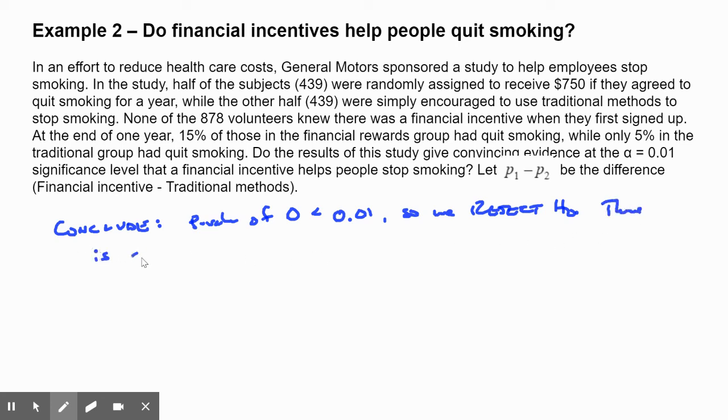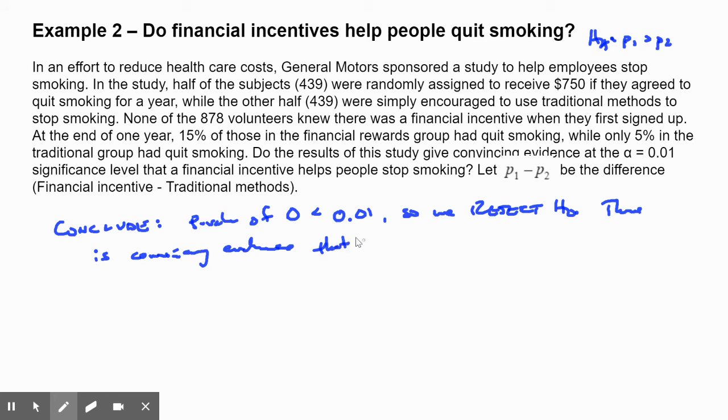There is convincing evidence that the true, and now I'm going to interpret what the alternative hypothesis said. Remember, the alternative hypothesis said that p1 was greater than p2. So I'm going to interpret that.